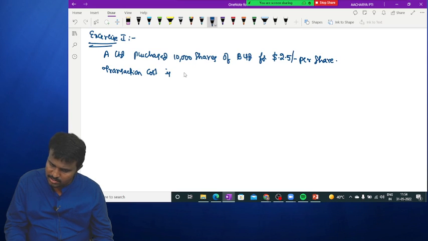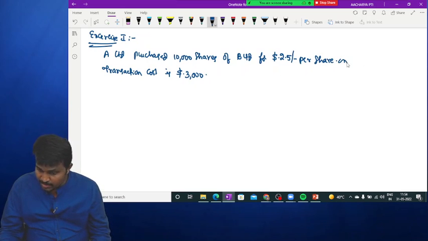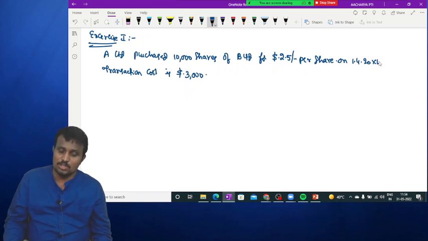Transaction cost is $3,000, and these are purchased on, for example, 1/4/20X1.